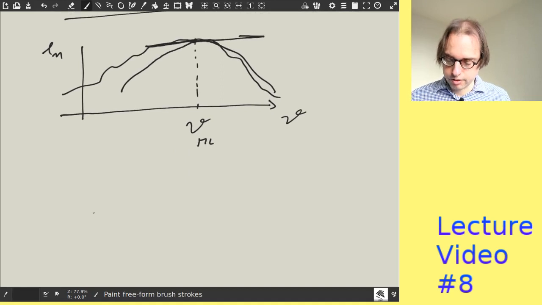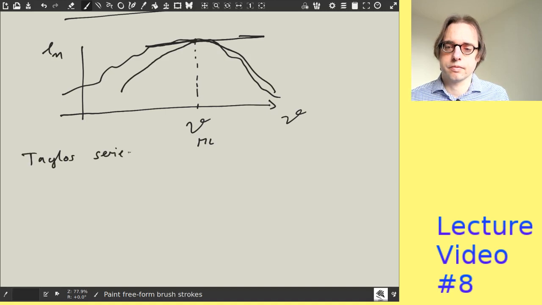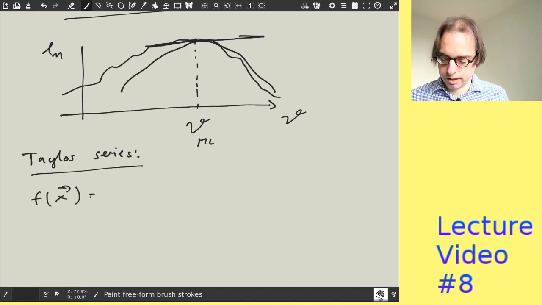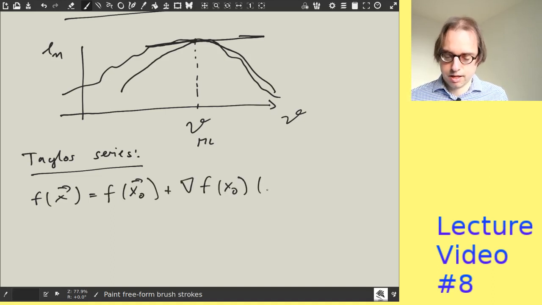So let's recall Taylor series. So we have a multivariate function, several arguments, and that is developed f(x naught) plus the gradient of f at x naught times (x minus x naught).